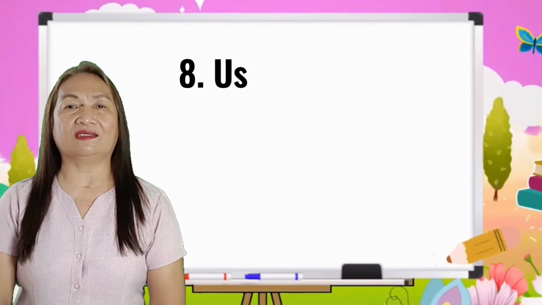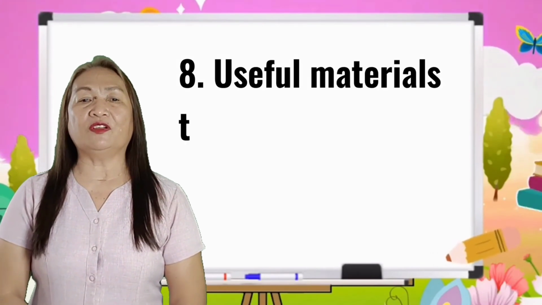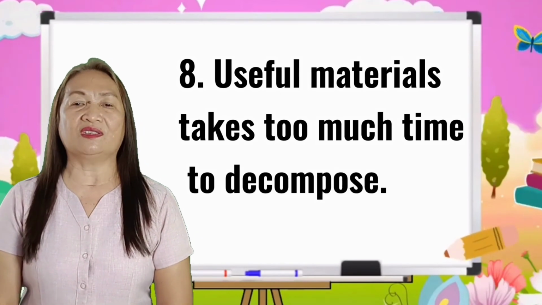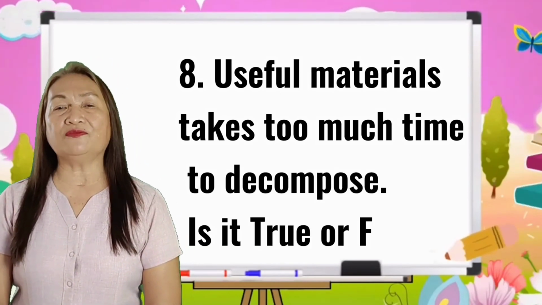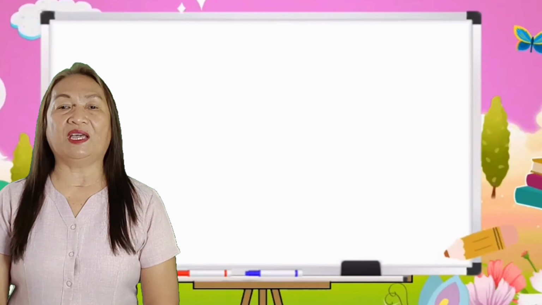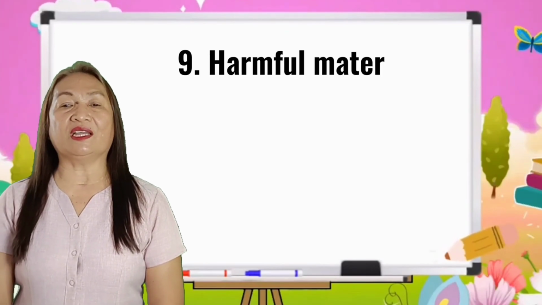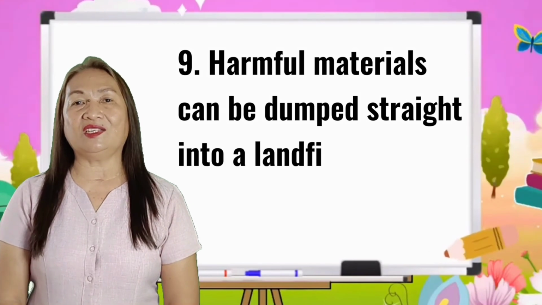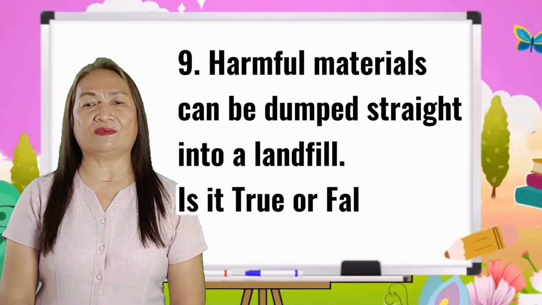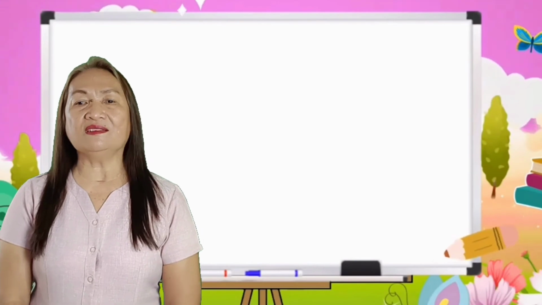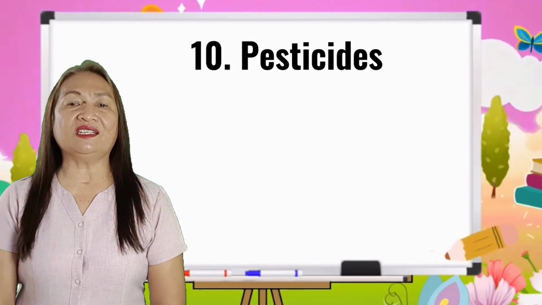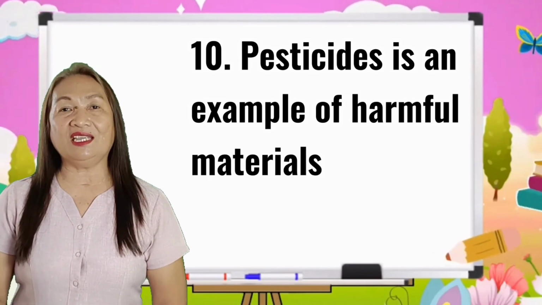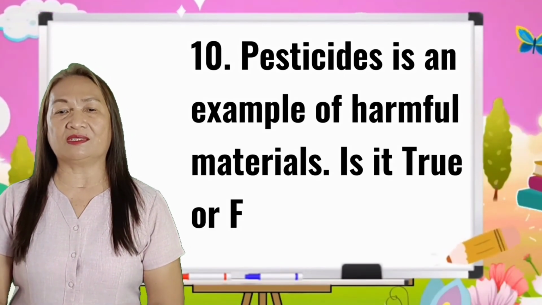Number 8. Useful materials take too much time to decompose. Is it true or false? Number 9. Harmful material can be dumped straight into a landfill. Is it true or false? And the last one. Pesticides is an example of harmful materials. Is it true or false?